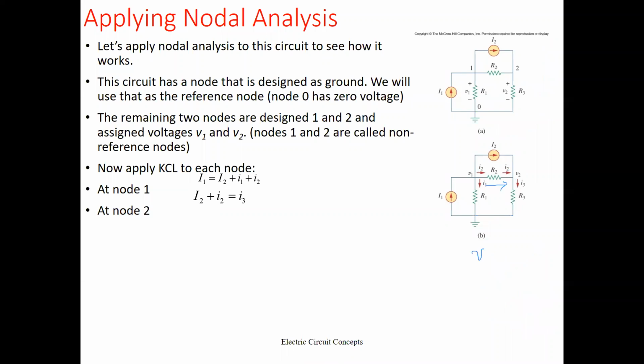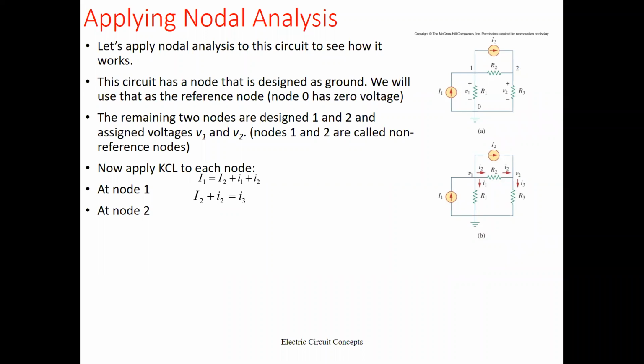So the voltage VR2 starts from V1, because we are assuming the current through R2 is going from left to right. So this is always a plus, this is always a minus. So the voltage V1 is higher than the voltage V2. If we assume the current going from V2 to V1, then VR2 will be V2 minus V1. So again, it depends on the direction of the current.